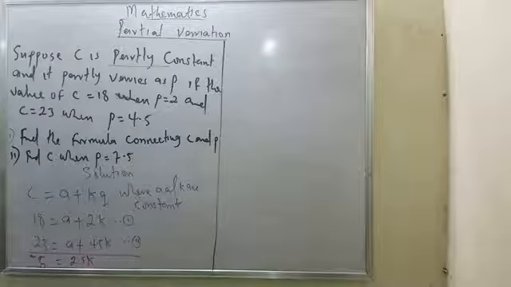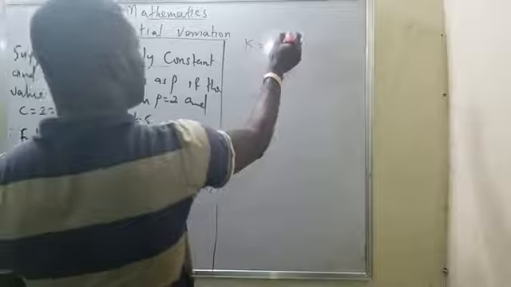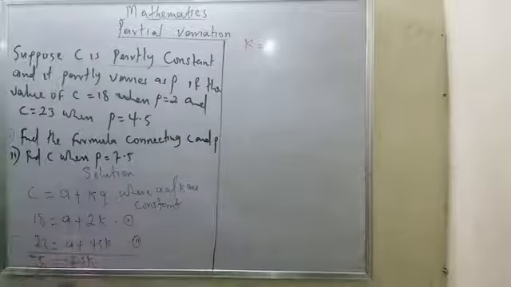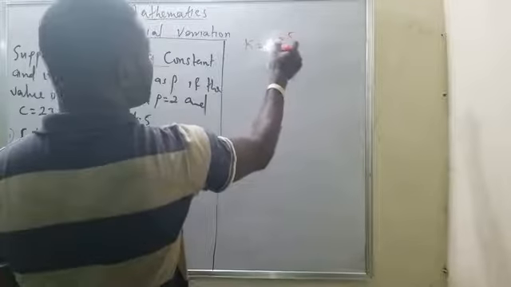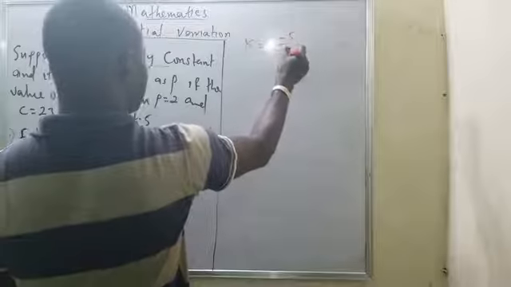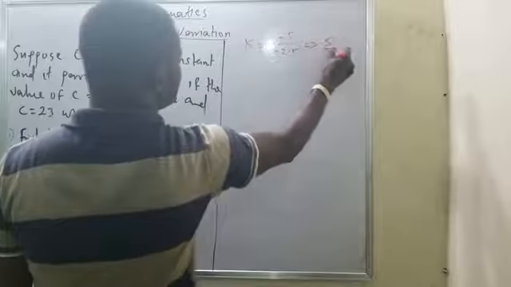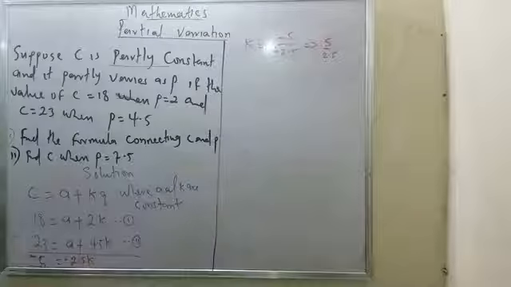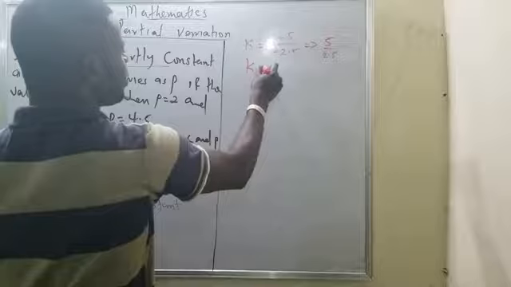Now my K will be equal to minus 5 over minus 2.5, which implies 5 over 2.5. That is my K, which is 2 over 2.5, meaning K equals 2.